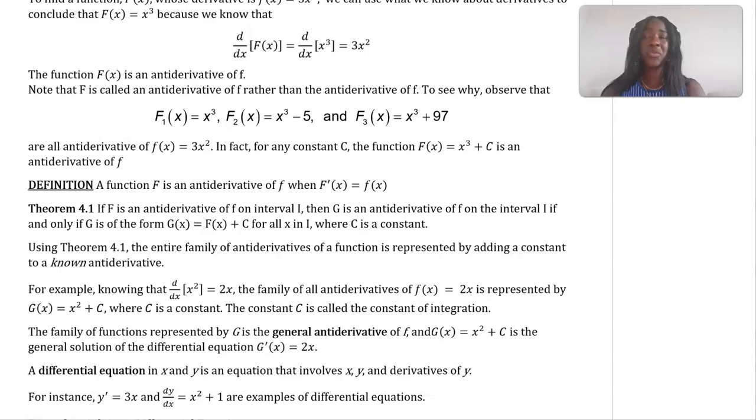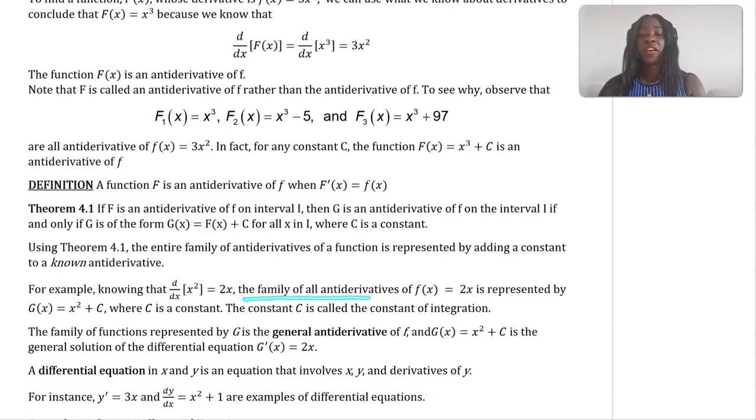Theorem 4.1 says, really, it's not that there is one antiderivative, there is a family of antiderivatives, because that constant c could be any real number. So for example, let's say we know that the derivative of x squared is 2x.